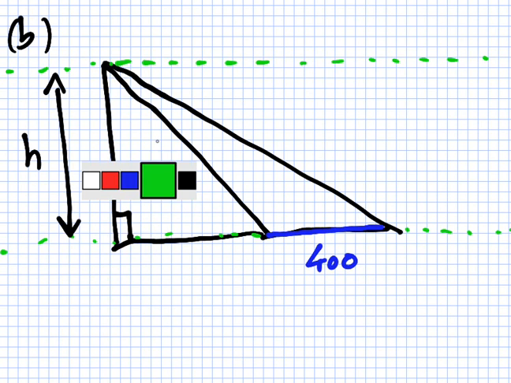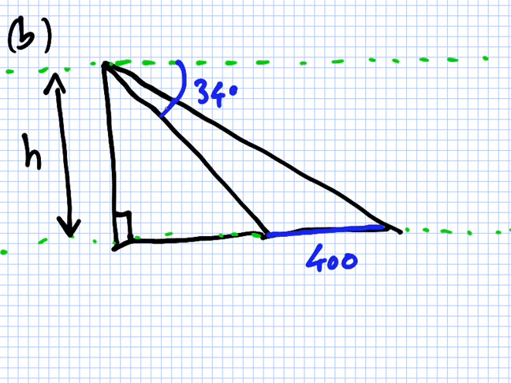We are also told in blue here that this angle is 34 degrees, and we're told that the bigger angle is 56, so 56 minus 34 means this angle here is 22 degrees. But this whole angle here is 90 degrees, so 90 minus 22 minus 34, so that's 34 degrees.